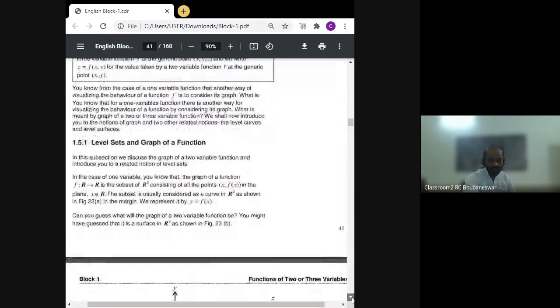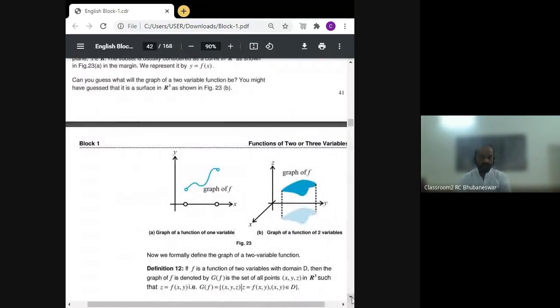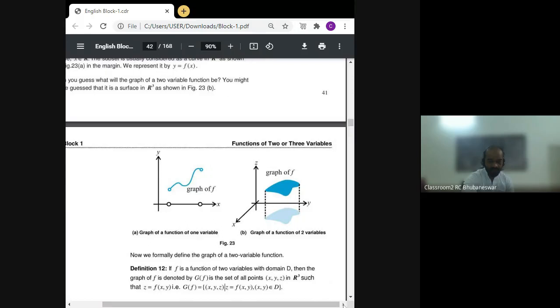Now similarly, we can plot the graph of a two variable function and a three variable function. So now look at the first graph, defined in figure A. In figure A, that is a graph we have drawn for the function of one variable, and figure B is the graph of the function in two variables.